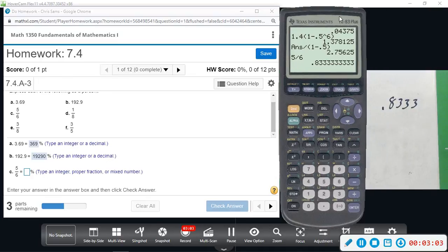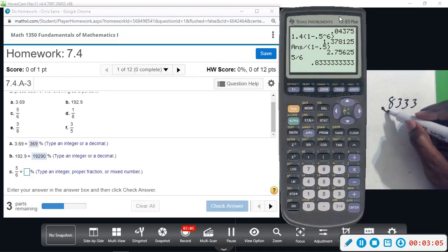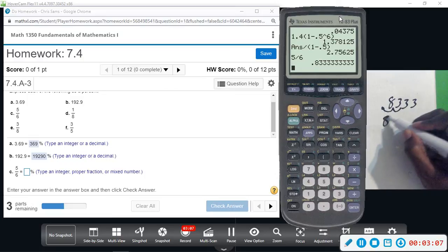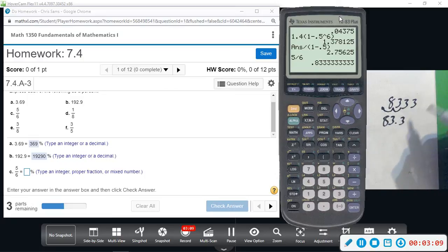All right, so we would move this over twice, and we would get 83.3%. You can put a repeating sign over here. Or if we did the 500 divided by 6, it would just give it to us in this form. So essentially we're just multiplying this number by 100.